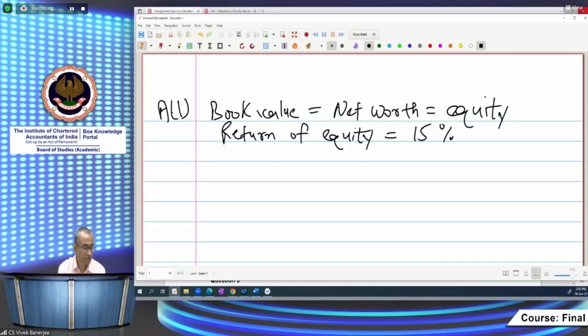Book value per share is 137.80. On this, return will be calculated. EPS will be calculated as 137.8 multiplied by 15%, which is 20.67.